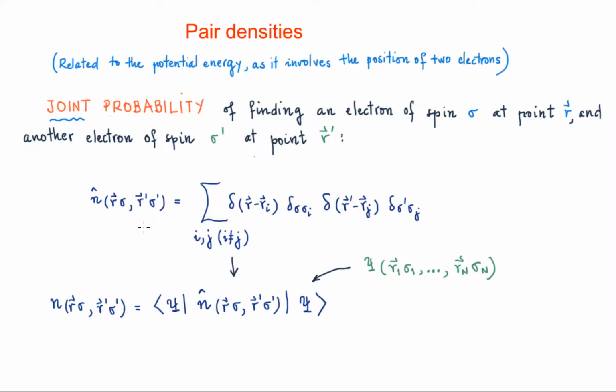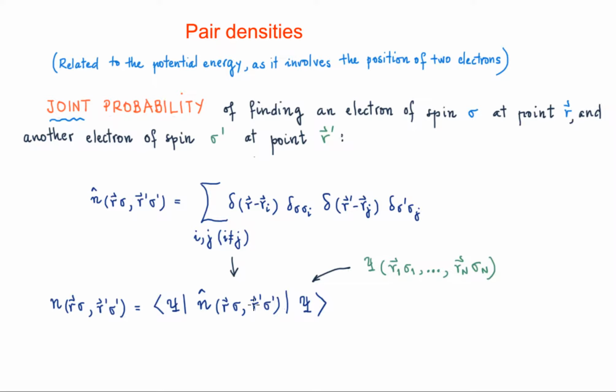Now, once we have the operator and the wave function or the system state, in order to obtain the expression for the pair density, we have to take the average of this operator, considering the state of the system is in this wave function.